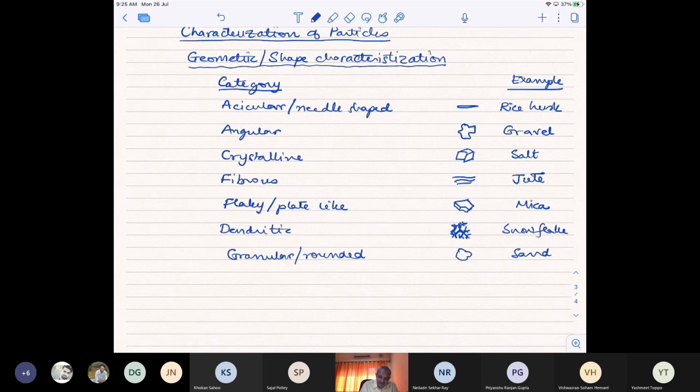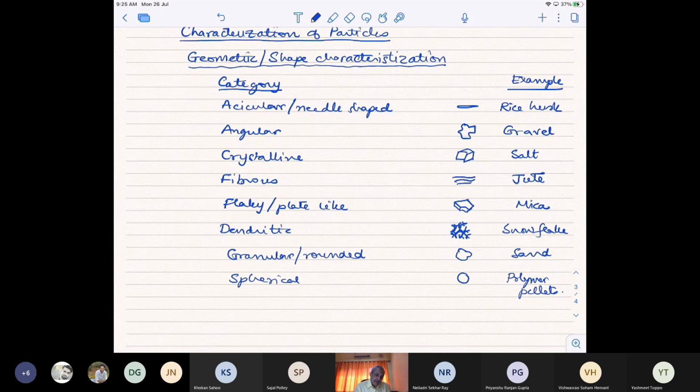And then of course you have the regular geometric shapes like say spherical or cylindrical or whatever. But there are many manufactured products like polymer pellets and so forth, they may be just round like this.